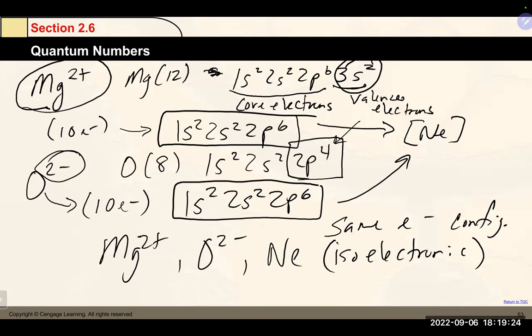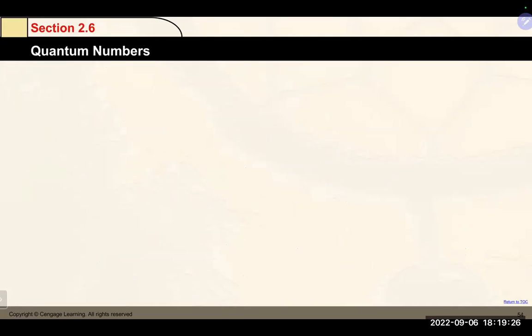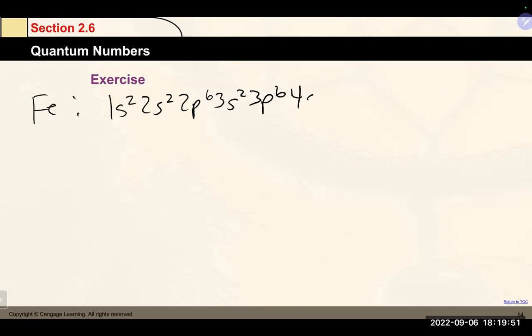Now, as we saw, transition metals are a little bit different. When transition metals lose electrons, because of that switch in energy, they lose them differently. We just did iron, which was 1s2, 2s2, 2p6, 3s2, 3p6, 4s2, and 3d6.